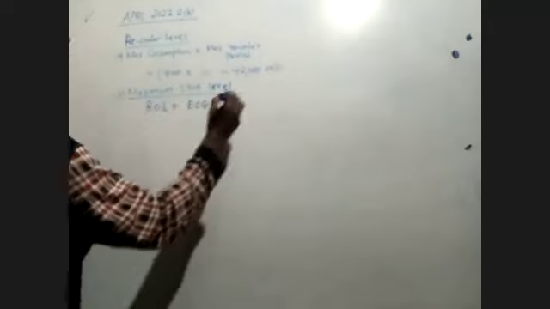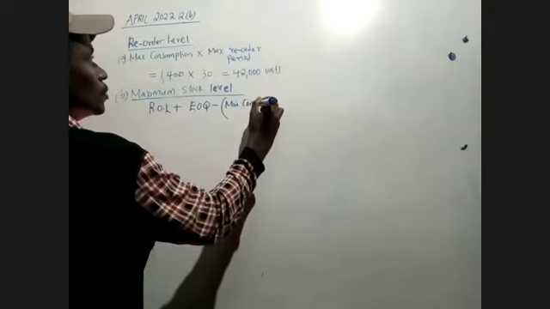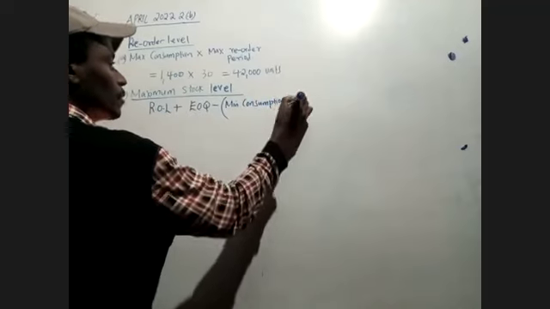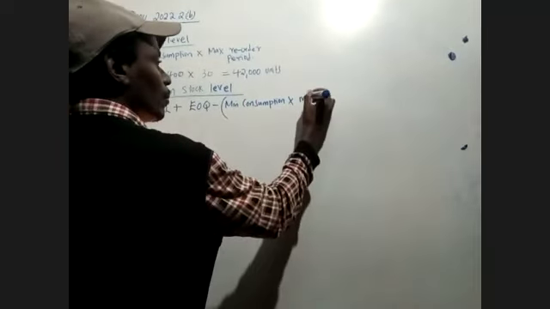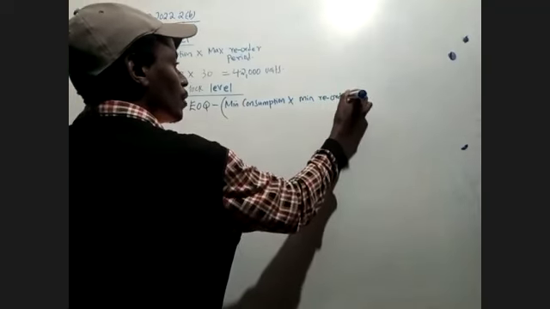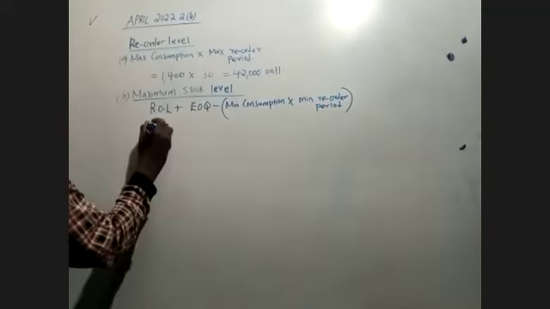We add economic order quantity, then we less minimum consumption times minimum reorder period. Let us see.